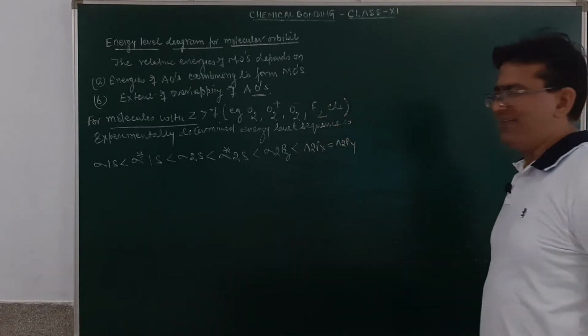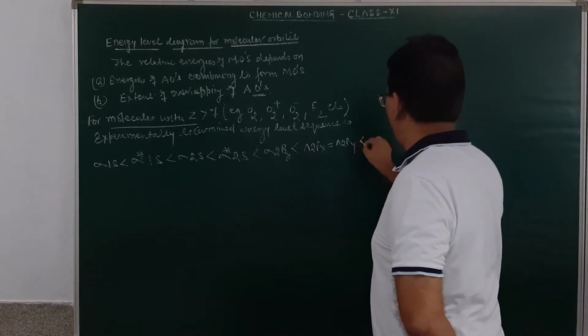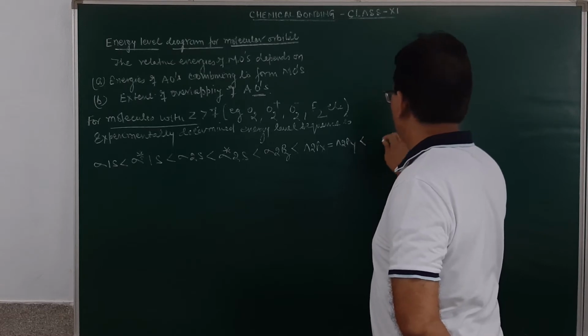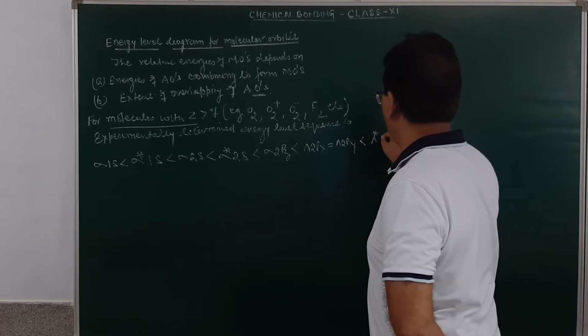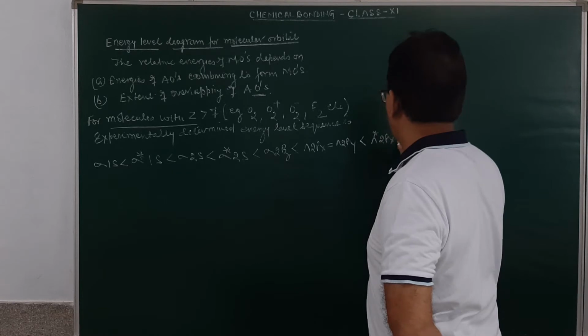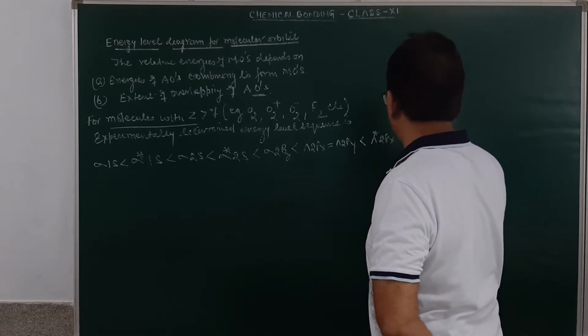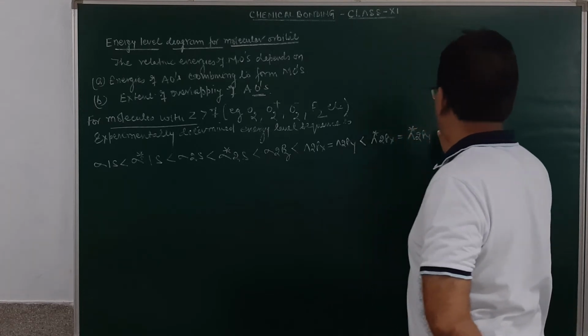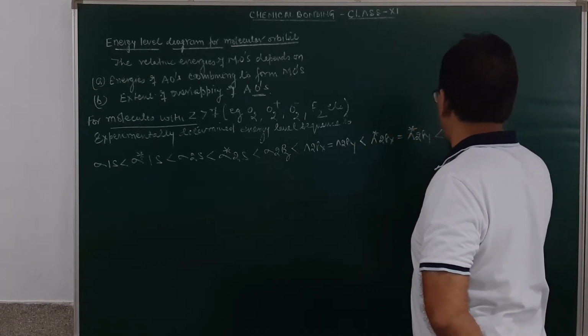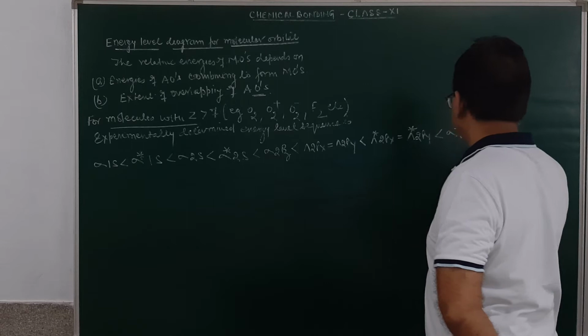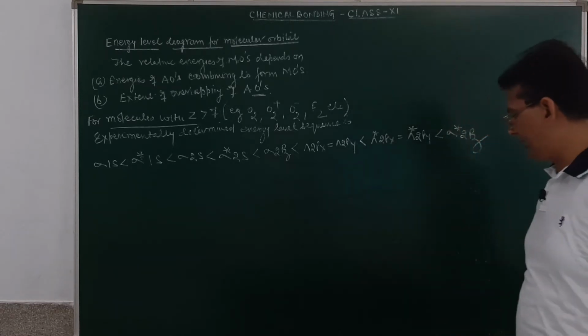Which again is less than pi anti-bonding 2px, equivalent to pi anti-bonding 2py, which is less than sigma anti-bonding 2pz molecular orbital. I think that is clear.